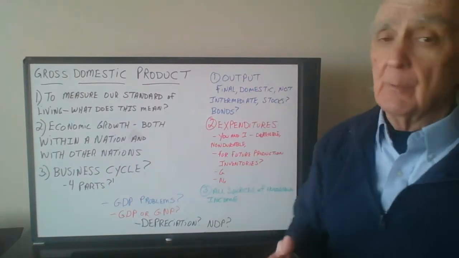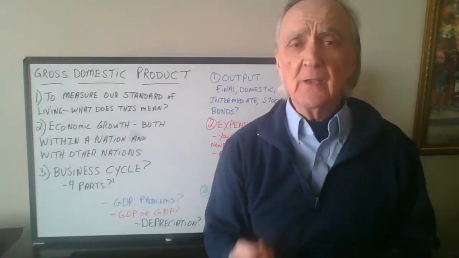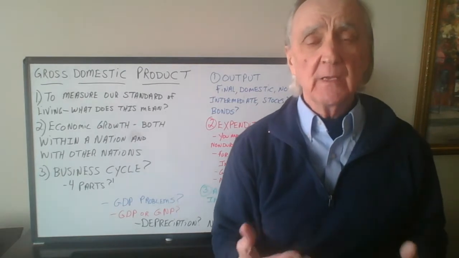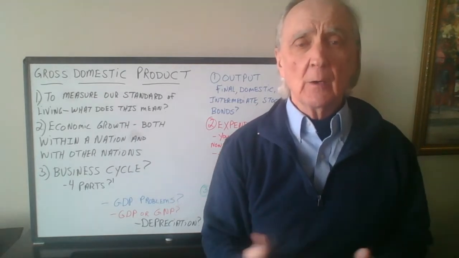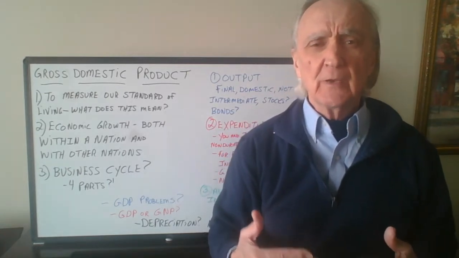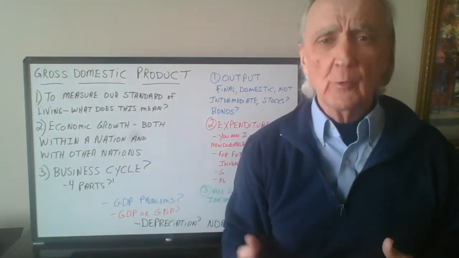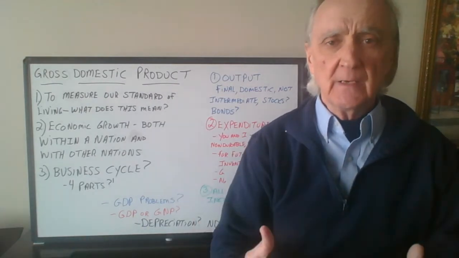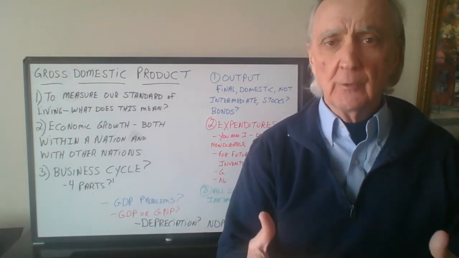Now also remember, financial instruments, stocks, bonds, they don't count either because they are what economists like to refer to as a transfer of wealth or ownership from one person to another, but it's not creating a new final good or service.